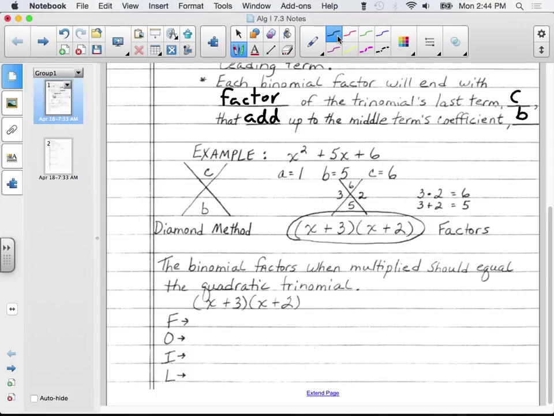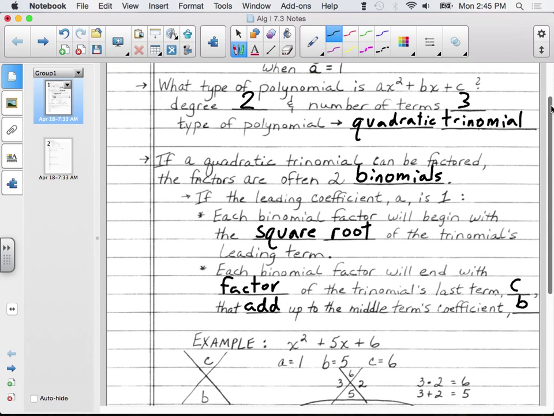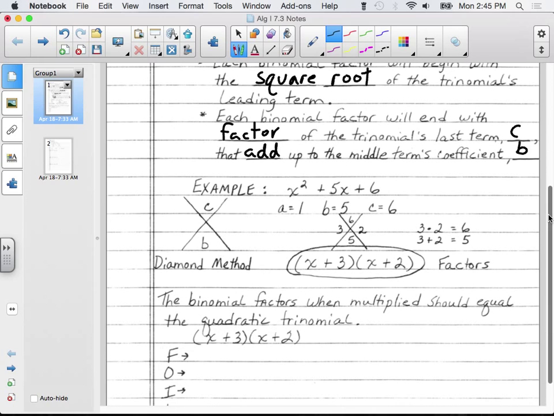First things first, where are they getting the c and b from? The equation. This is the standard form for a quadratic trinomial, ax squared plus bx plus c. Whatever c is, our constant, always goes upstairs, and whatever our b value is, the one that goes with the x, goes downstairs.